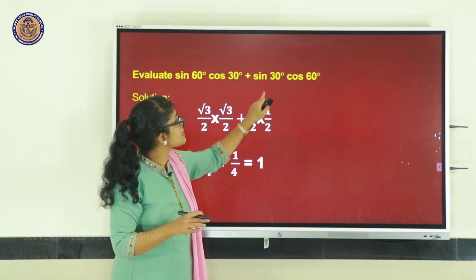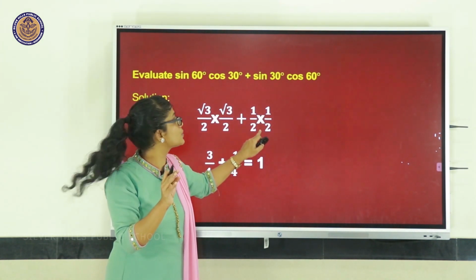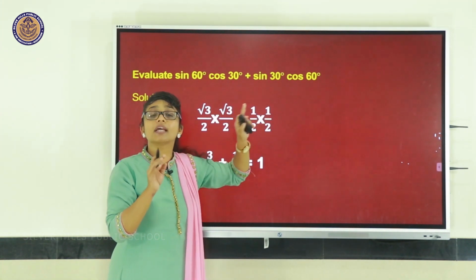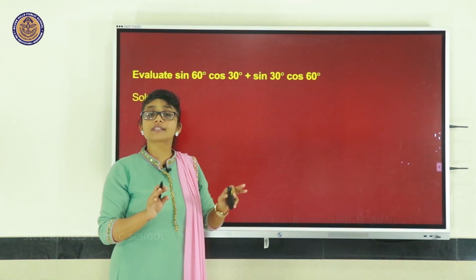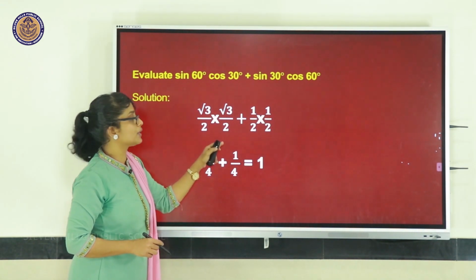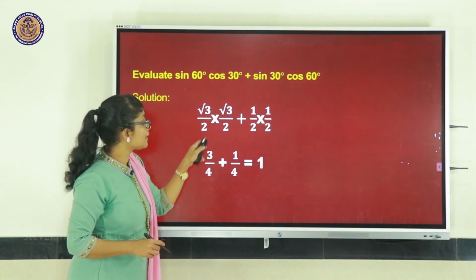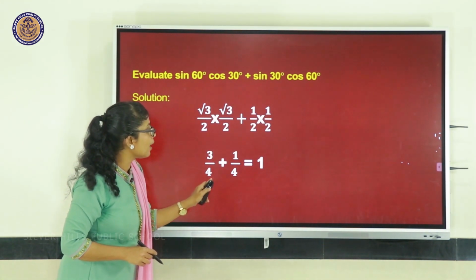And the next one, sin 30. Sin 30 equal to 1 by 2. And cos 60 equal to 1 by 2. Sin 30 and cos 60 are equal. Root 3 by 2 into root 3 by 2. Root 3 into root 3, 3. 2 into 2, 4. 3 by 4.